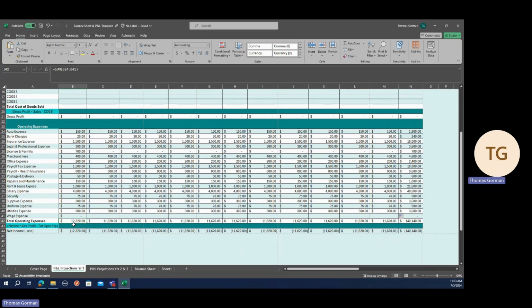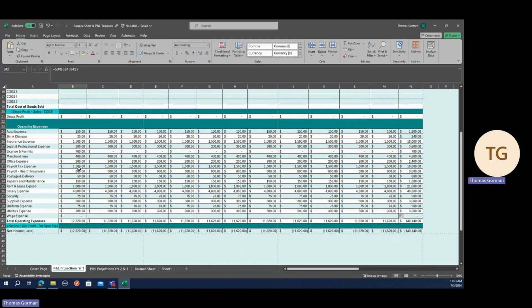So for the month of January, our break even point is going to be $12,320. We have to make that much in revenue just to break even for the month, or we have to make that much in gross profit just to break even for the month.